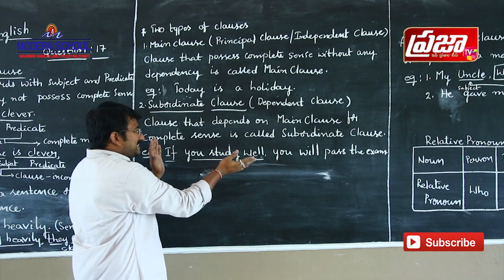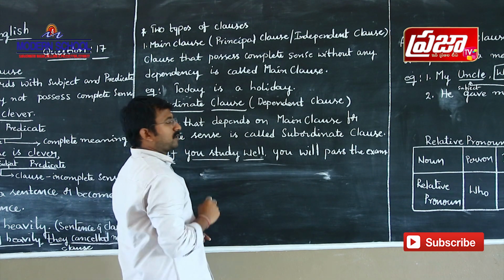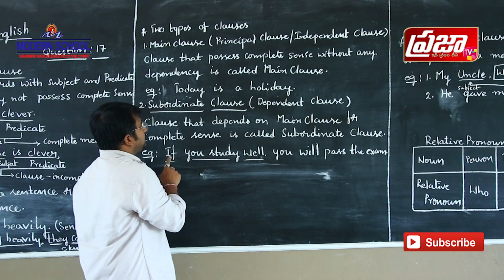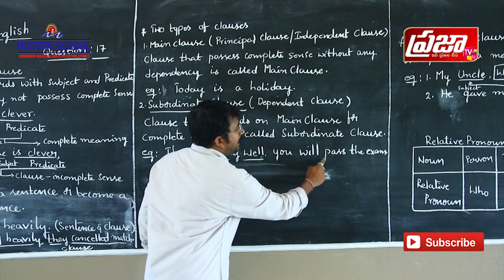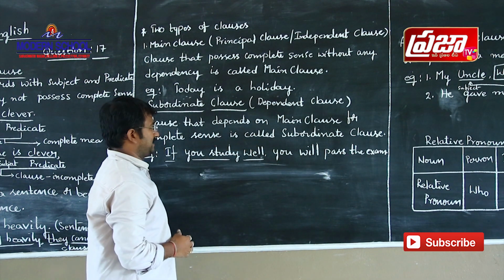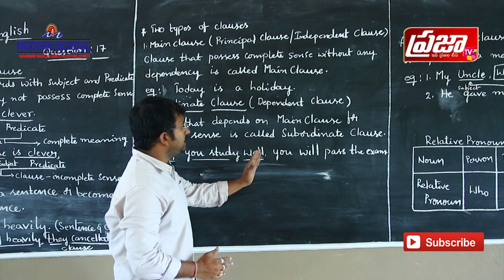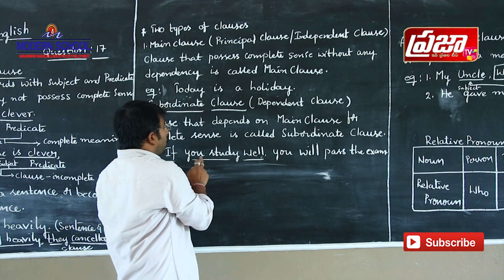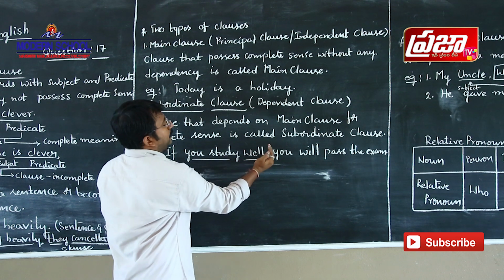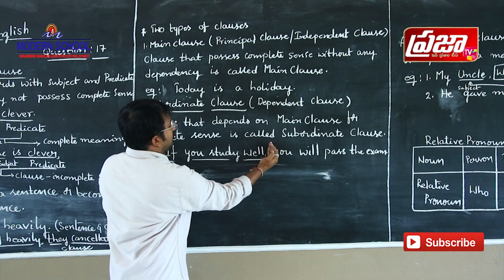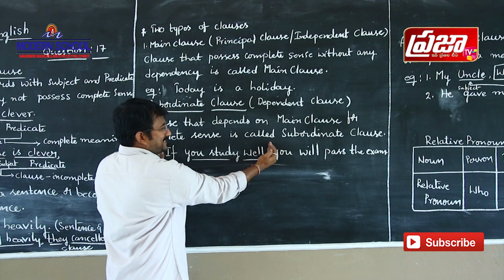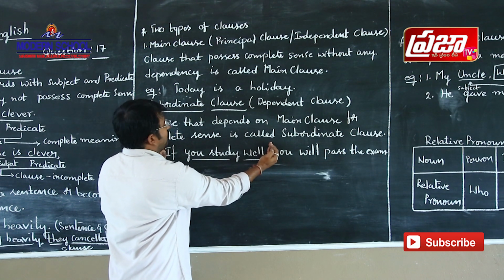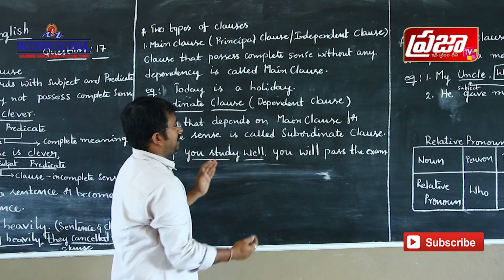In this entire sentence, there are two clauses. "If you study well" is the first clause, and "you will pass the exam" is another. If you take the meaning of only "if you study well," it has an incomplete sense. So we call this clause a subordinate clause.